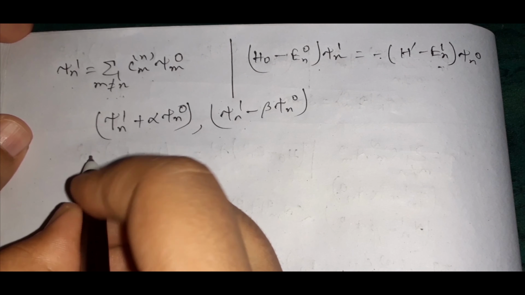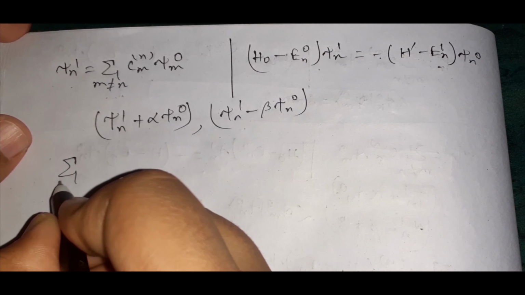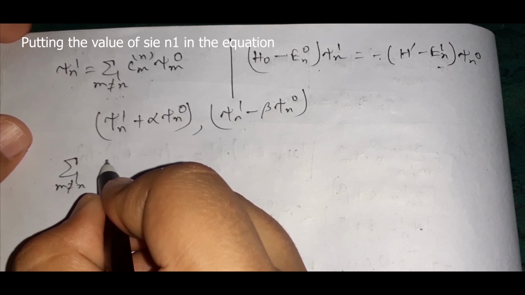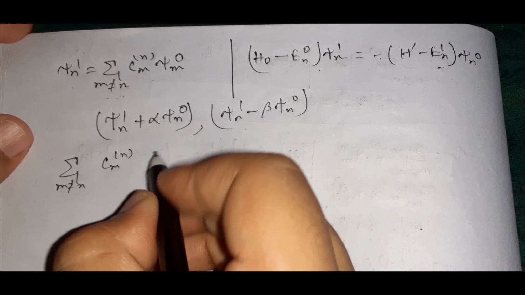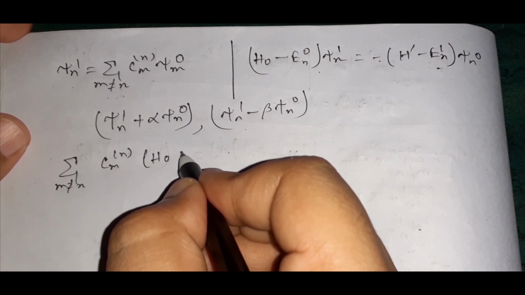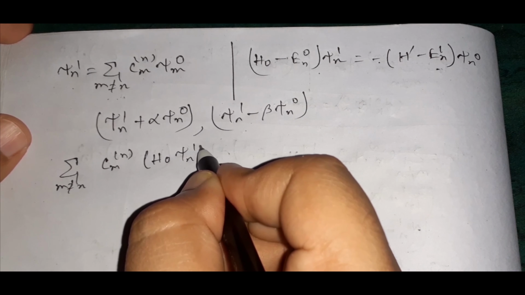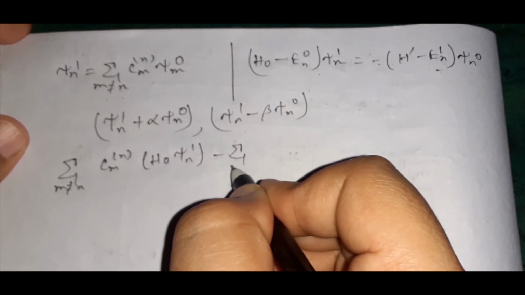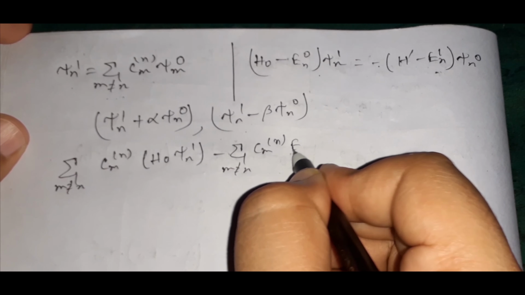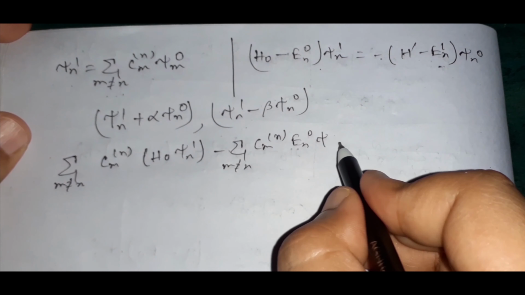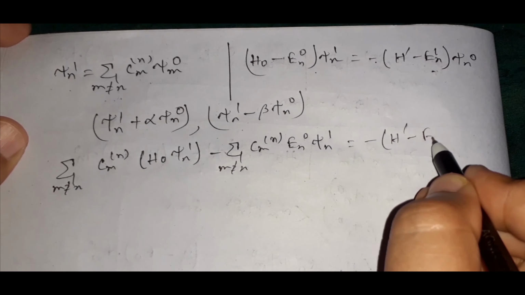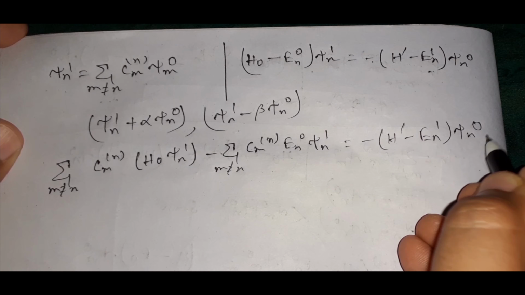So this gives us the sum over m not equal to n of Cmn H0 ψm0, minus the sum over m not equal to n of Cmn En0 ψm0, equal to, as it is, H prime minus En1 ψn0.